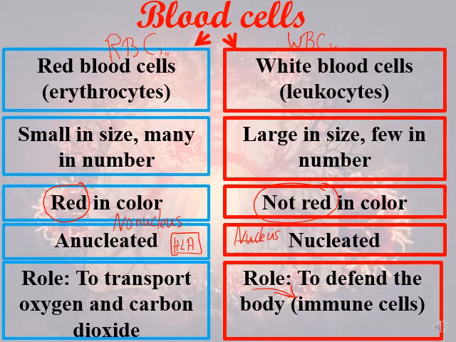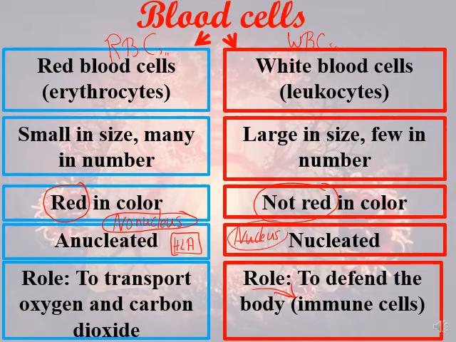The red blood cells are red in color, whereas the white blood cells are not red. Okay, they have different colors, but they are not red in color.